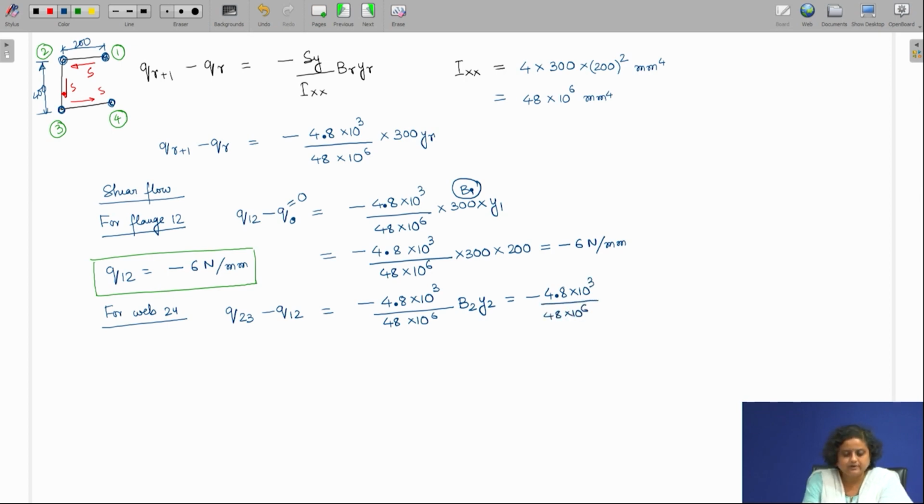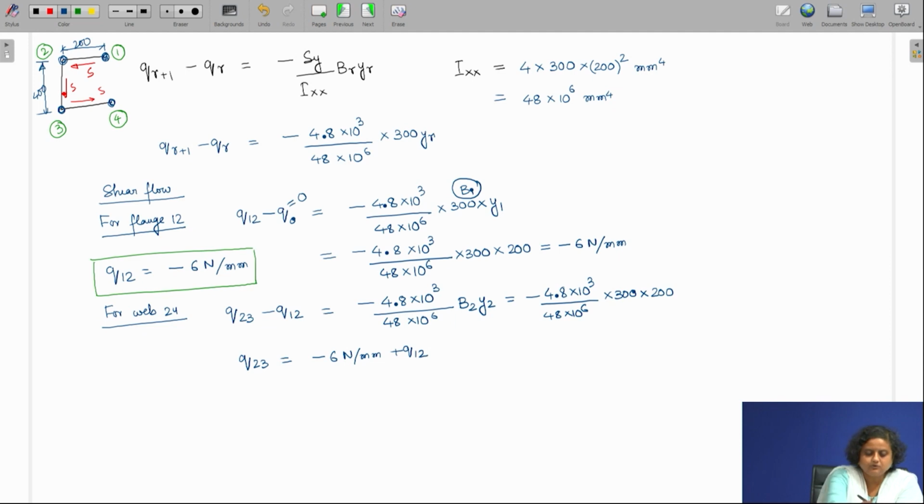B2 is going to be again 300 because all the booms have the same area, and Y2 is again positive 200. Therefore, Q23 is going to be minus 6 Newton per millimeter plus Q12.